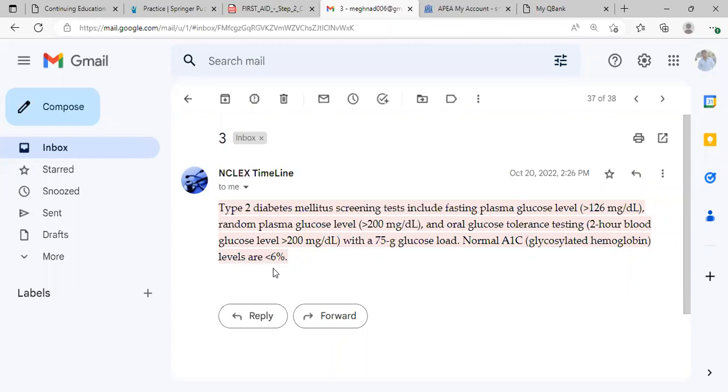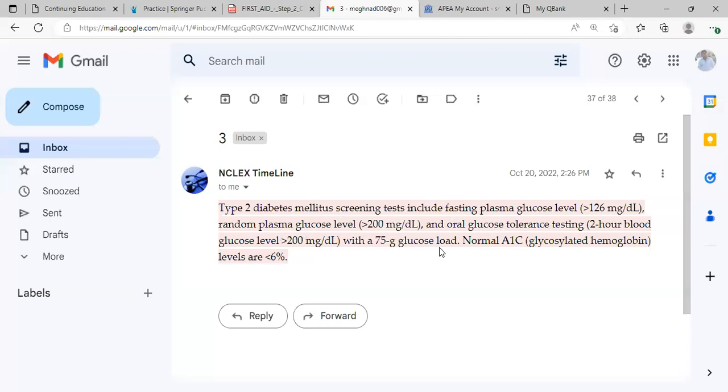So what are the other basic tests we do for diagnosing or evaluating type 2 diabetes? They include fasting blood glucose, random plasma glucose, and the oral glucose tolerance test with a 75 gram glucose load.